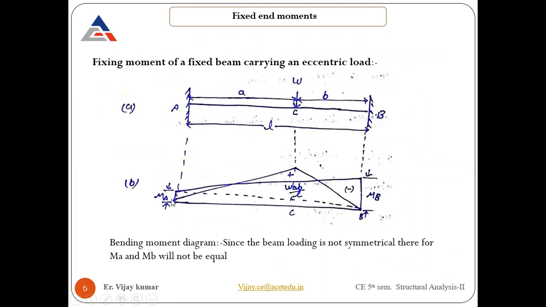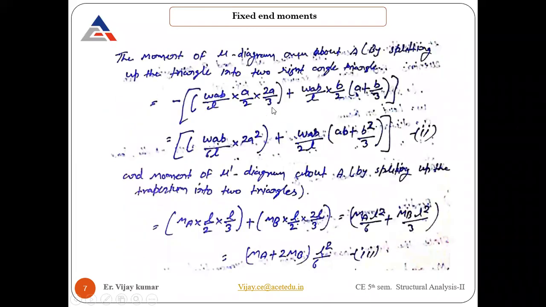I am taking the moment about point A, so place the area at the centroid and multiply by the distance remaining to point A. So what I just did: WAB by L into A by 2, that is half base into height. So half base is A by 2 into WAB by L is the area. Now it will act at the centroid, and the remaining distance is 2 by 3 of the length, 2 by 3 of A means 2A by 3. So 2A by 3.